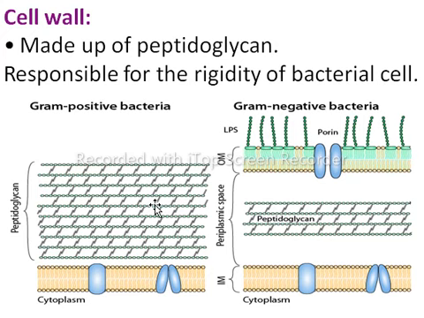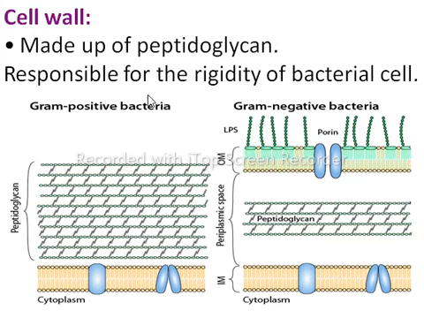The cell wall enables bacteria to be classified into two groups, that is gram-positive bacteria and gram-negative bacteria, because when we dye them they appear in different colors, which totally depends on cell wall composition. So what are the different compositions of the cell wall?